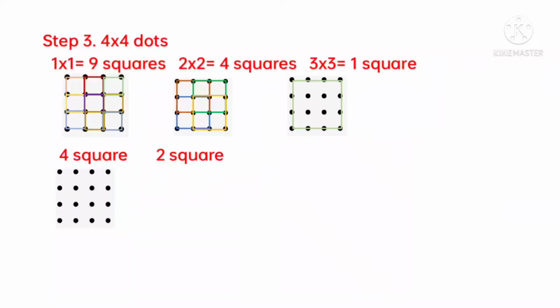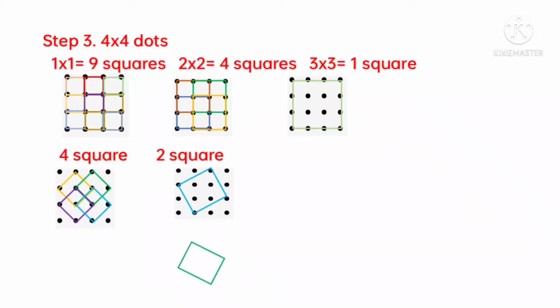Ito yung representation niya. 1, 2, 3, 4. Then, yung dalawa is 1 and 2. As you can see, yung dalawang 4 squares, tapos yung dalawang square is magkaiba yung size. Later on, papakita ko sa inyo kung paano nga ba natin makukuha yung size ng dalawang to.